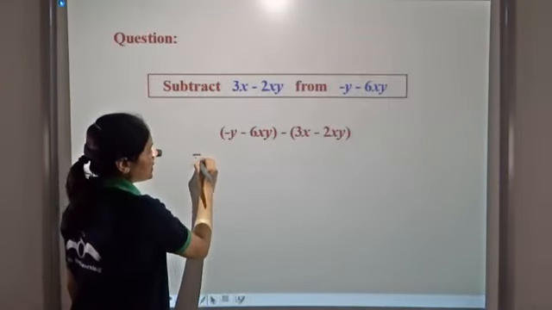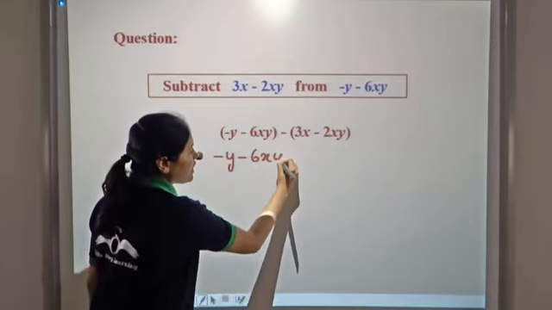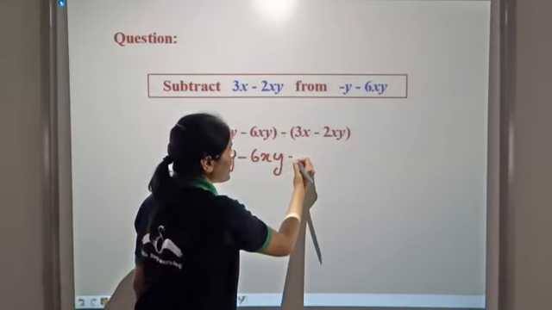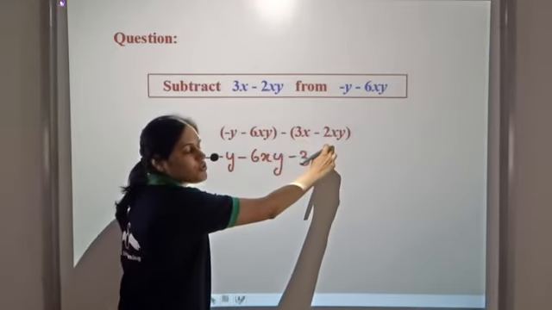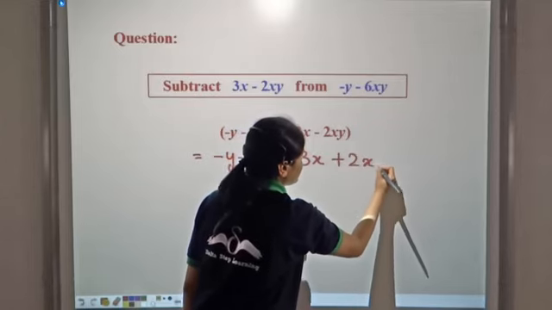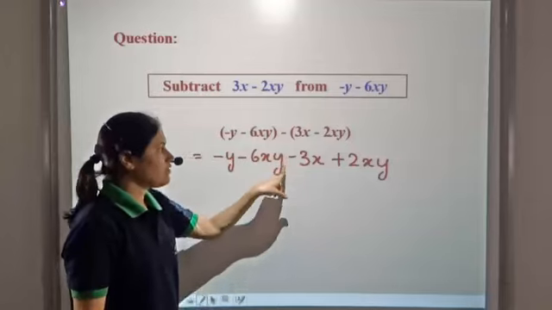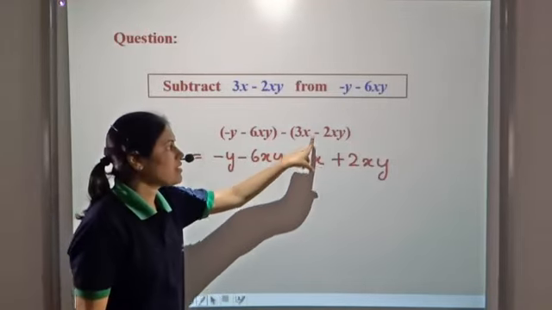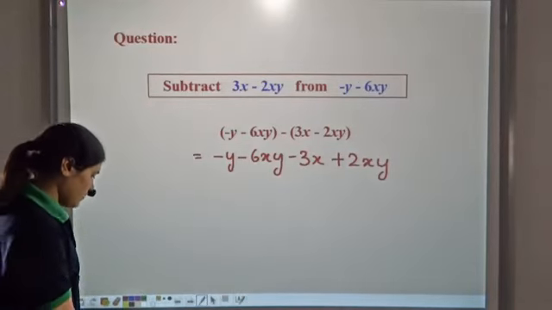Now let us open the brackets. We get minus y minus 6xy minus into 3x gives minus 3x, minus into minus 2xy gives plus 2xy. So if we have a minus sign and we open the bracket, we need to change the sign. So plus 3x becomes minus 3x, minus 2xy becomes plus 2xy.